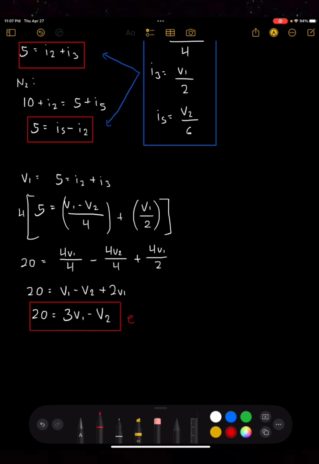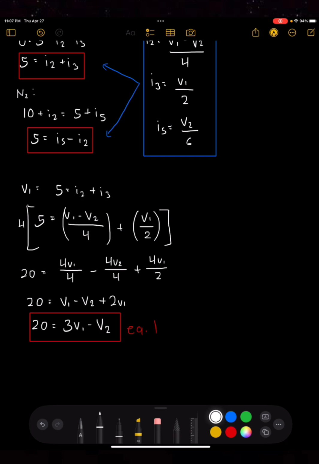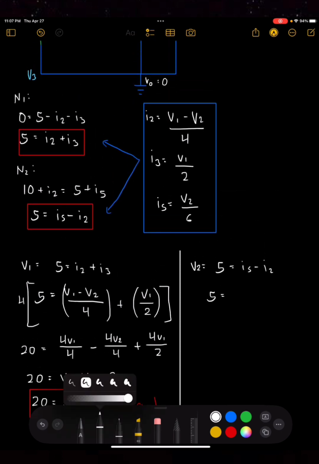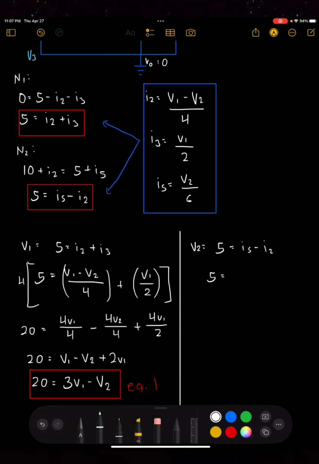So for node V2, we have 5 equals I5 minus I2. So substitute: 5 is equal to I5, which is V2 over 6, minus I2, which is V1 minus V2 over 4.